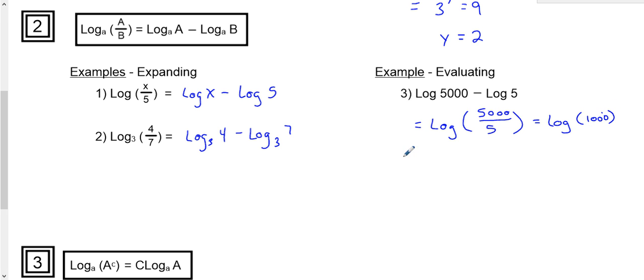And because this is base 10, I will again think of what exponent will give me 1,000. 10 squared is 100, 10 to the third is 1,000. So the answer here is 3.